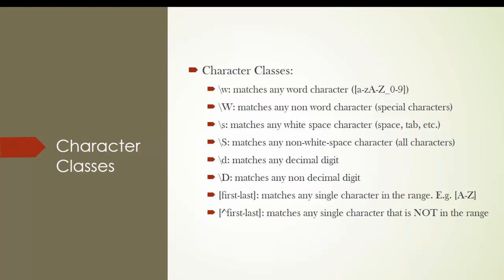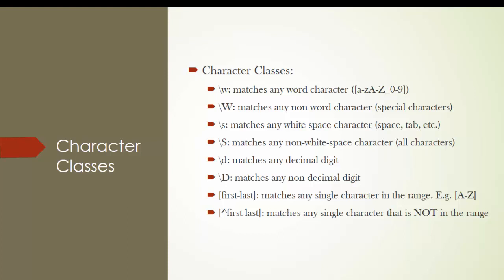The \s will match any white space character, so these would be the spaces, tabs, vertical tabs, etc. The \S will match any non-white space character, so these would be all other characters except the spaces, of course, and the white spaces.